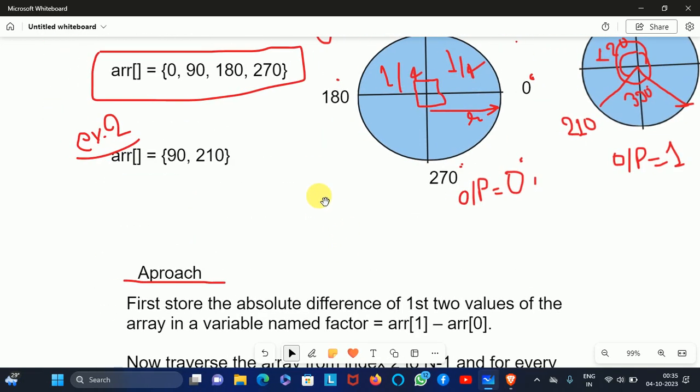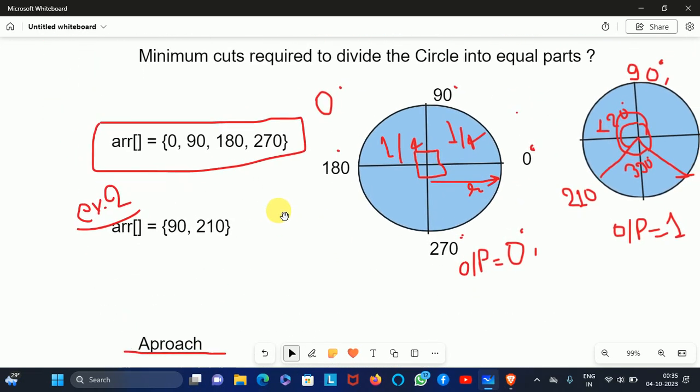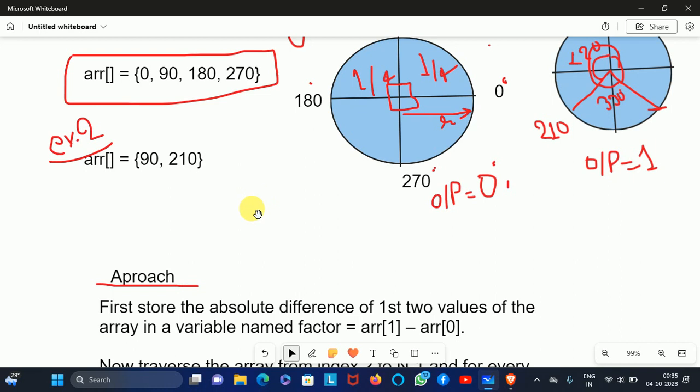So first let's take one variable, we can say temp. This is very convenient for me.